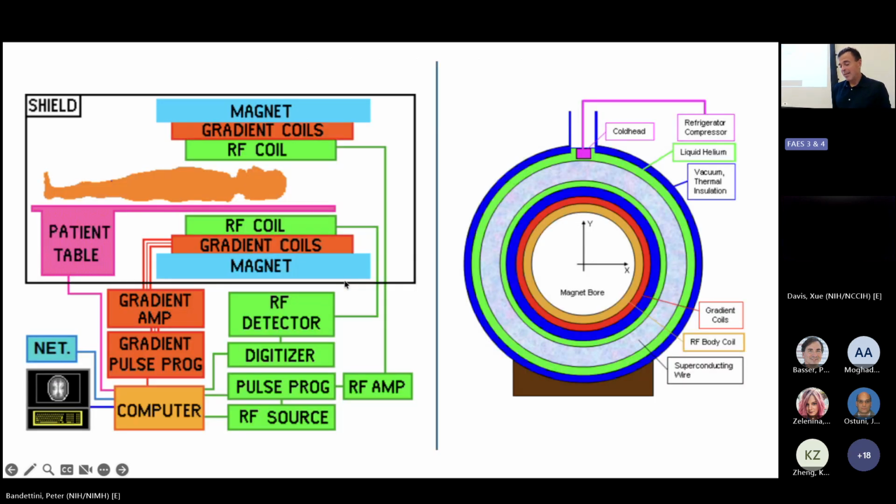And this is another view of it, more of a schematized view of everything that's involved. You need also amplifiers for the gradient. You need obviously a computer to control the gradients. You need a digitizer for receiving the signal, something for executing the pulse program, the pulse sequence, and so on. So this is a very basic layout.